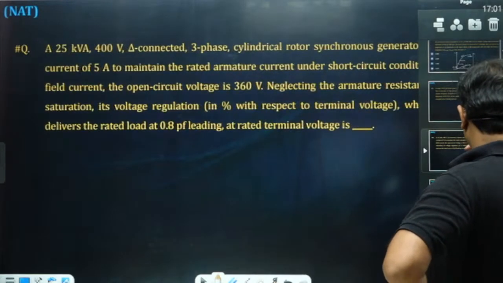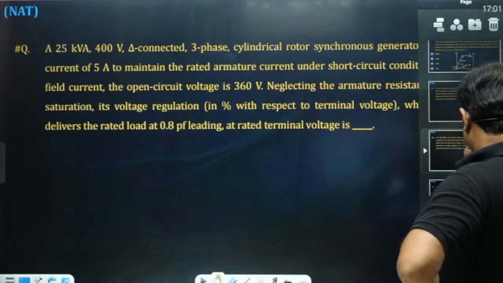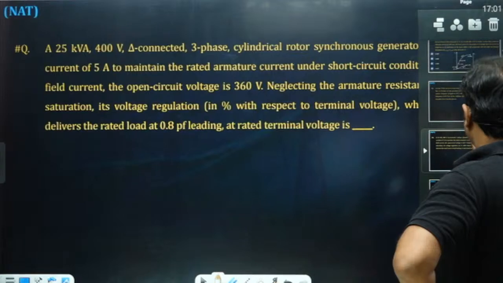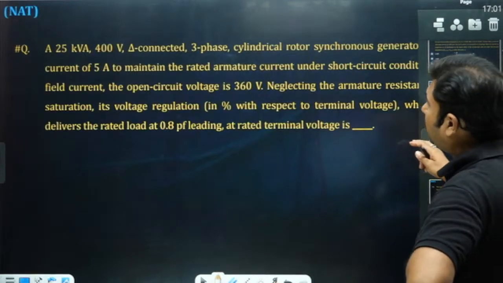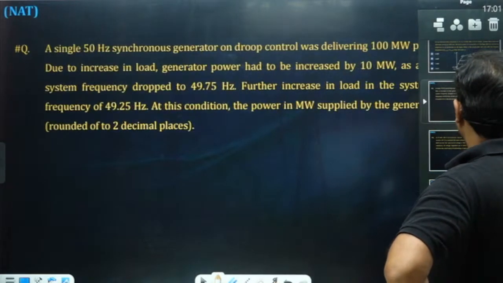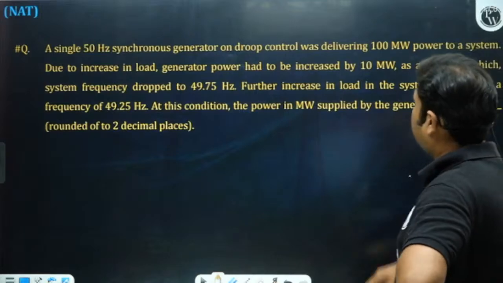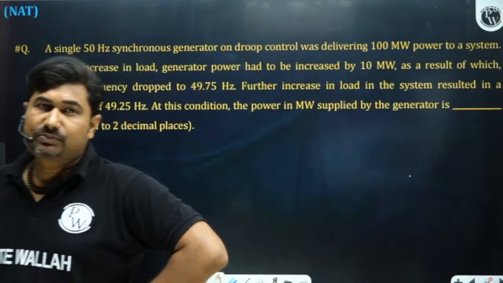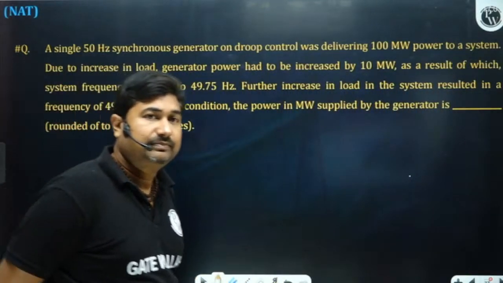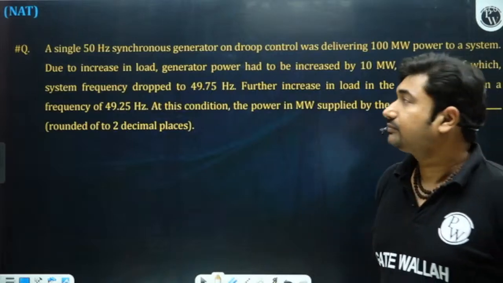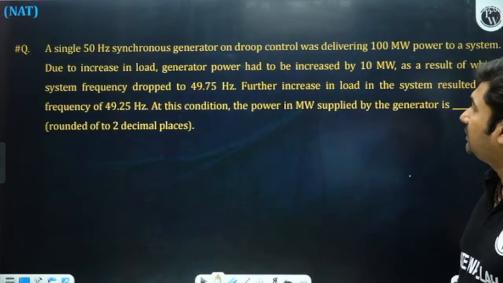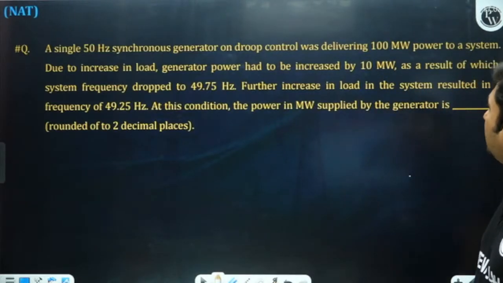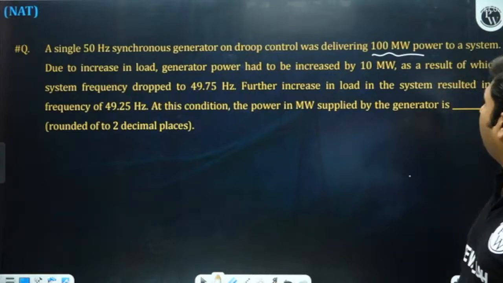You want a speed droop, na? Speed droop characteristic based question. Okay, see this one. This one is a speed droop based question. Okay, Ashutosh, see. A 50 Hz synchronous generator on droop control was delivering 100 megawatt power to a system.